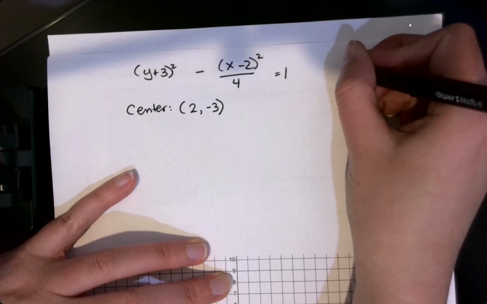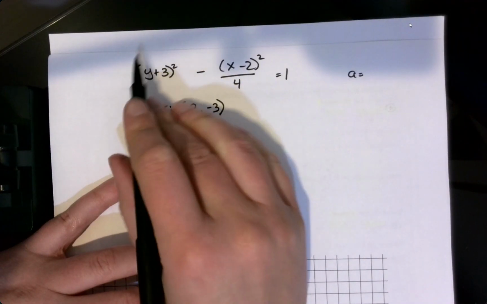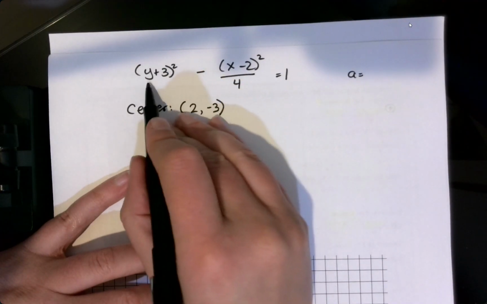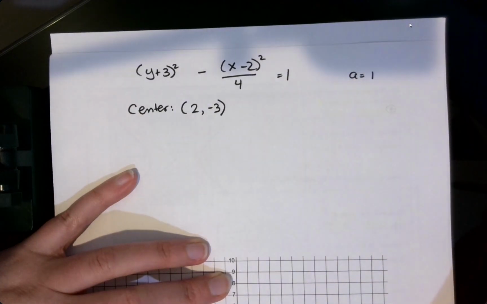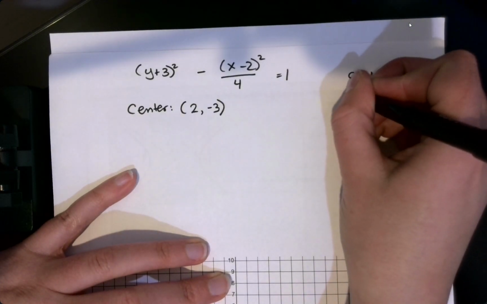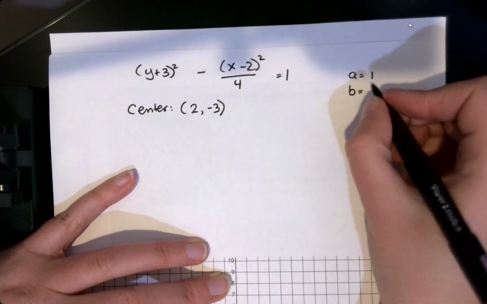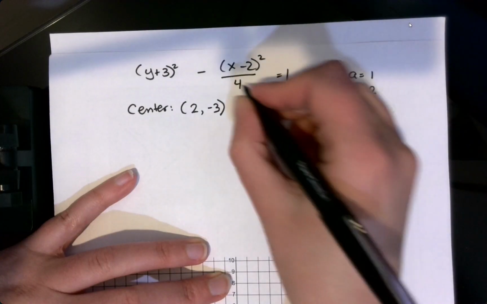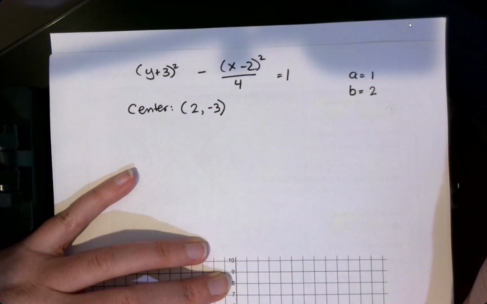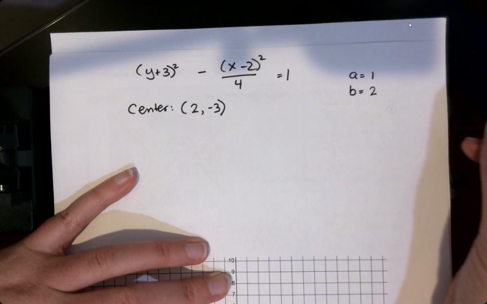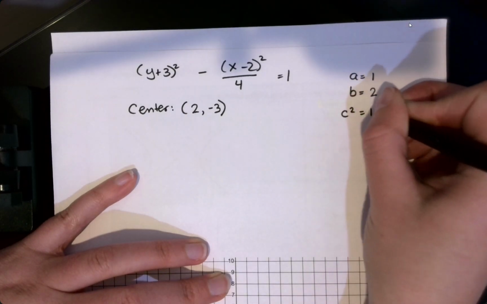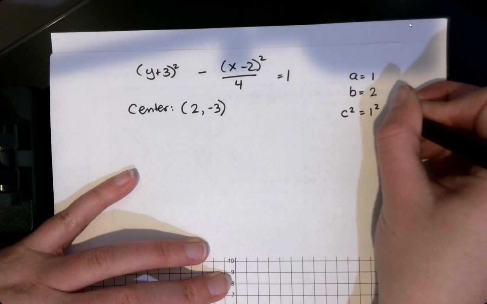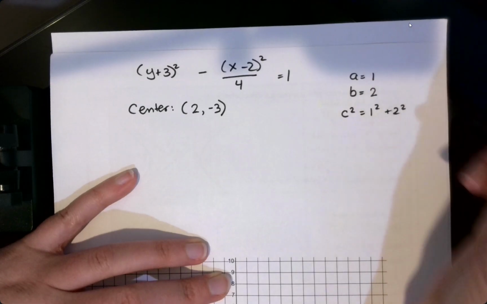The A value, the value that is underneath the Y, is 1. Square root of 1 is still 1. So A is 1. The B value is going to be 2. B squared here is 4, so the B value is 2. And C then, C squared is equal to 1 squared plus 2 squared.